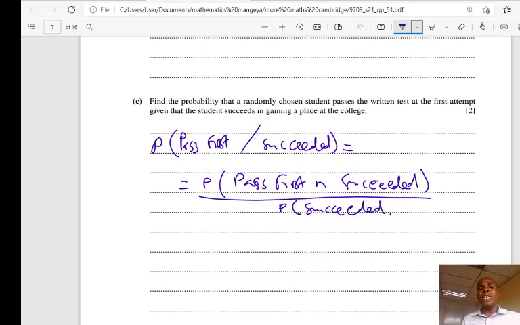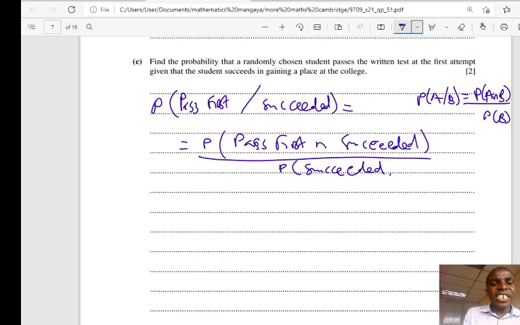That's conditional probability. There's also another video on my YouTube channel specifically on conditional probability. Probability of A given B is probability of A intersection B over probability of B. That's the same concept that I have applied in this case.